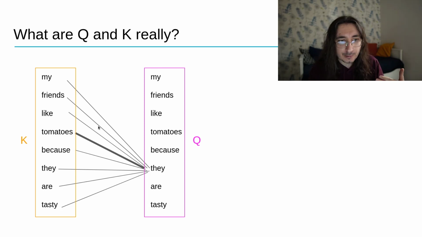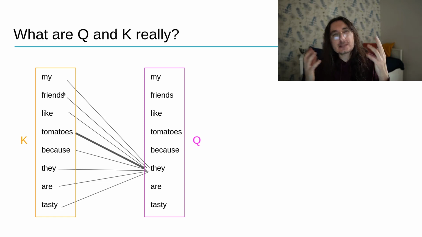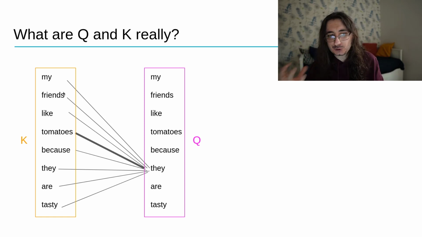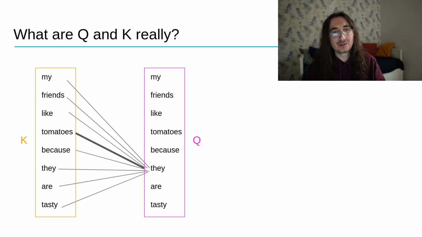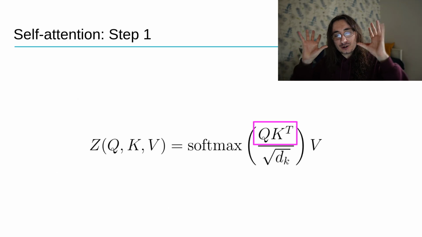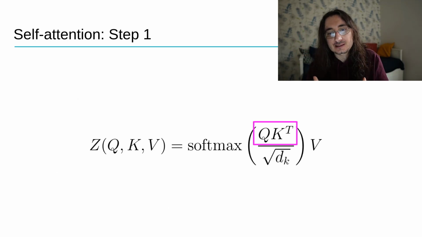Well, it is querying all of these keys here, all of these items that obviously coincide with all the words in the original sentence, because they can be connected with any of these words. So this is the deeper meaning of the Q matrix and the K matrix, or the key matrix. Okay, so now we are done with step one. We understand that this is a matrix that represents the overall similarity score, if you will. Then there's step two.